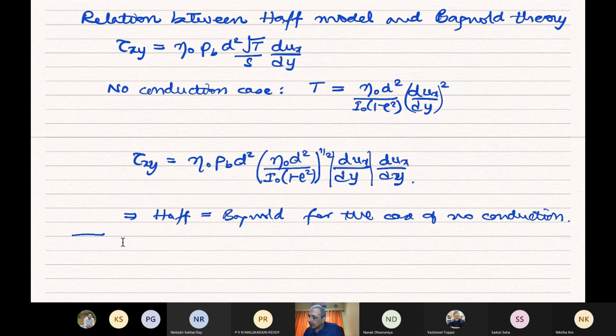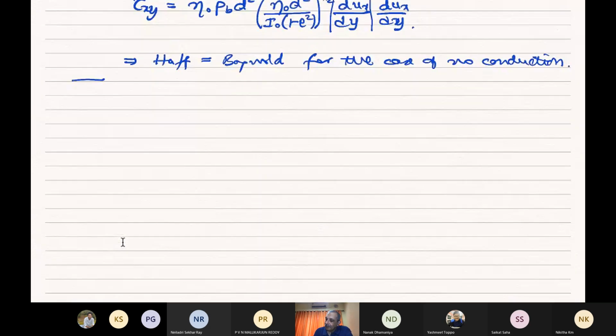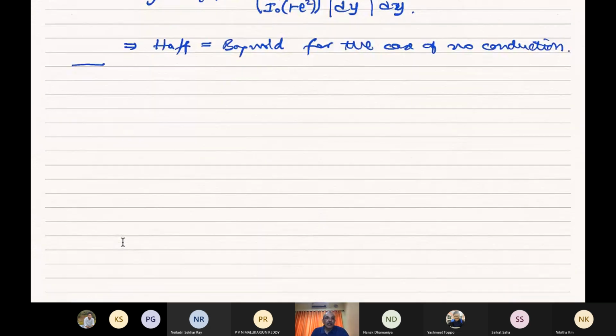And since temperature is proportional to velocity gradient squared, that means that the viscosity is proportional to the absolute value of the velocity gradient. And that's why you get the shear stress proportional to the velocity gradient squared. So this was just as a connection with something that has been there for a long time.